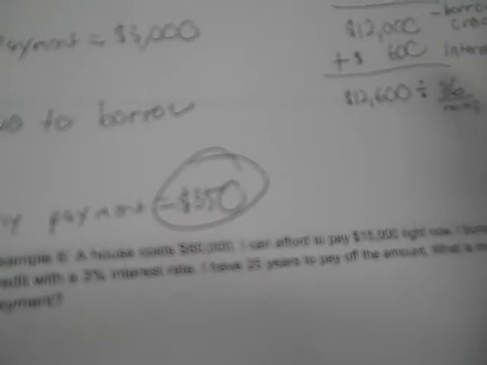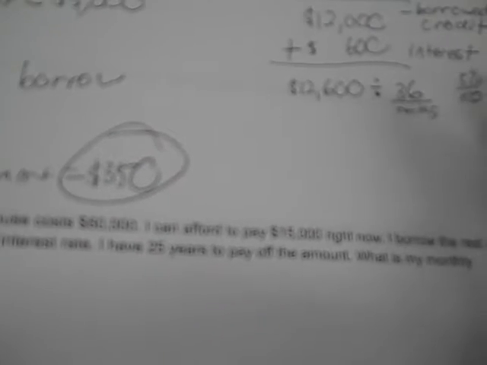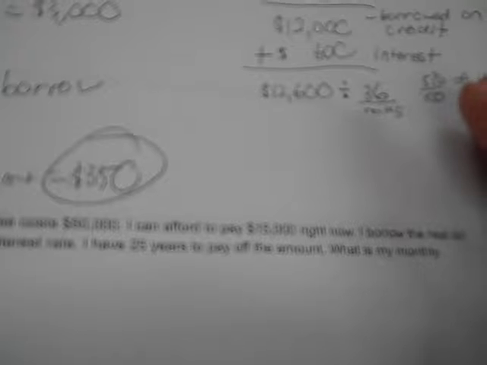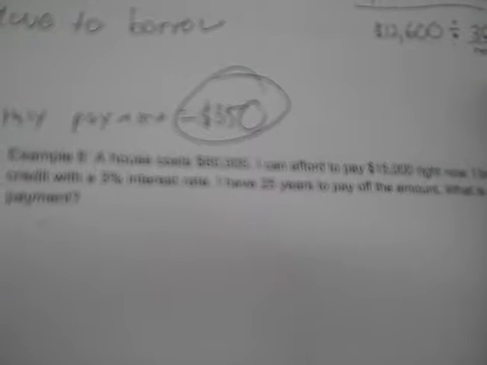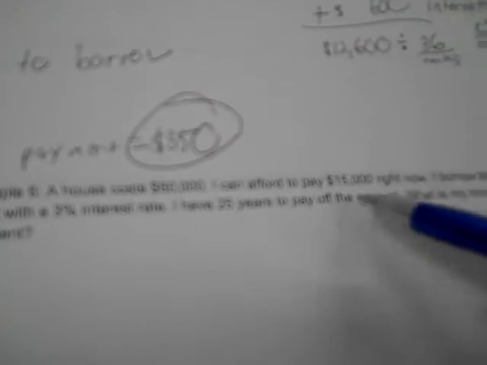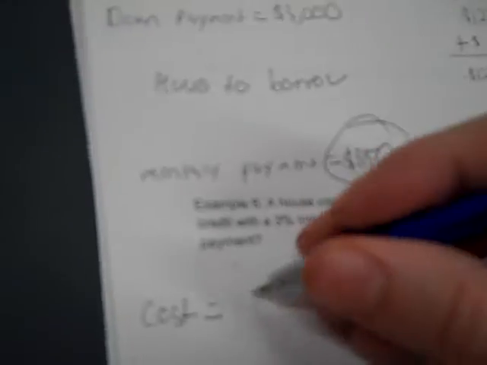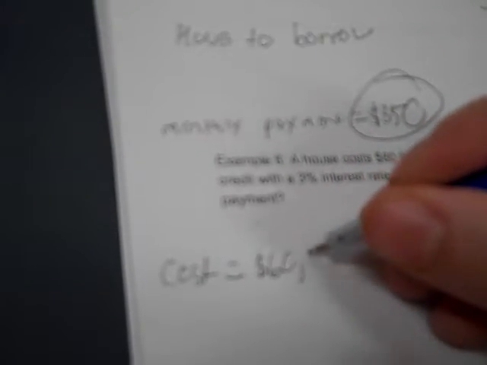Okay, example 6. A house costs $60,000. I can afford to pay $15,000 right now. I borrow the rest on credit with a 3% interest rate. I have 25 years to pay off the amount. What's my monthly payment? So again, monthly payment. Now, again, the cost of the house is $60,000.